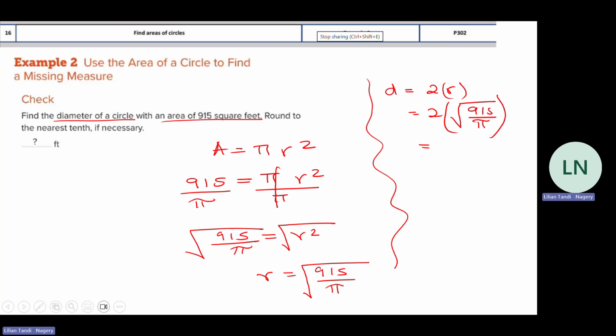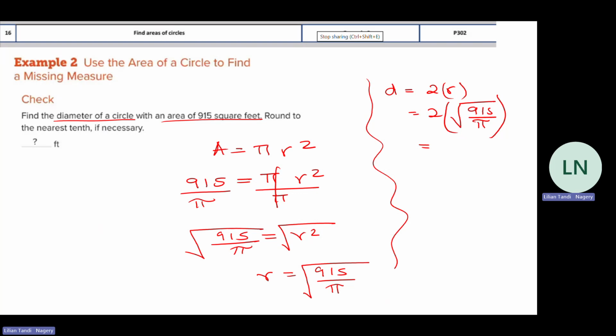Just go to the calculator and do it once. 2, parentheses, square root, then fraction. Then 915 divided by pi, shift pi, and then yes.